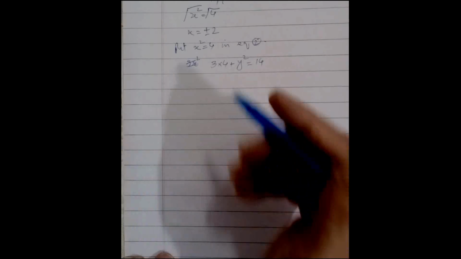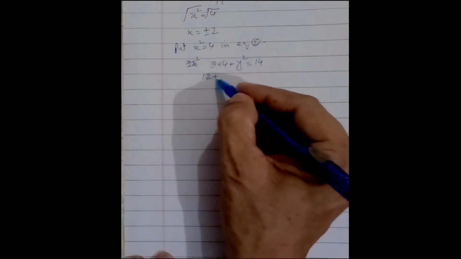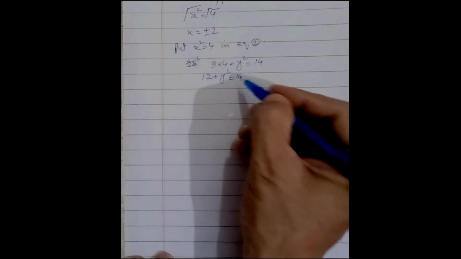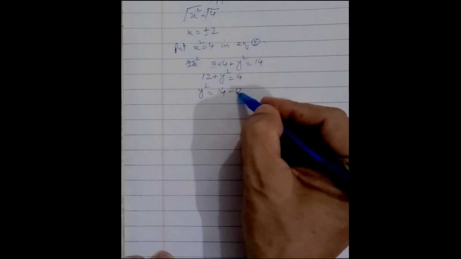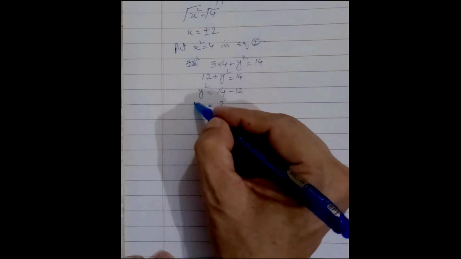Now we simplify these values, we get 12 plus y² is equal to 14, and y² is equal to 14 minus 12, which is equal to 2.